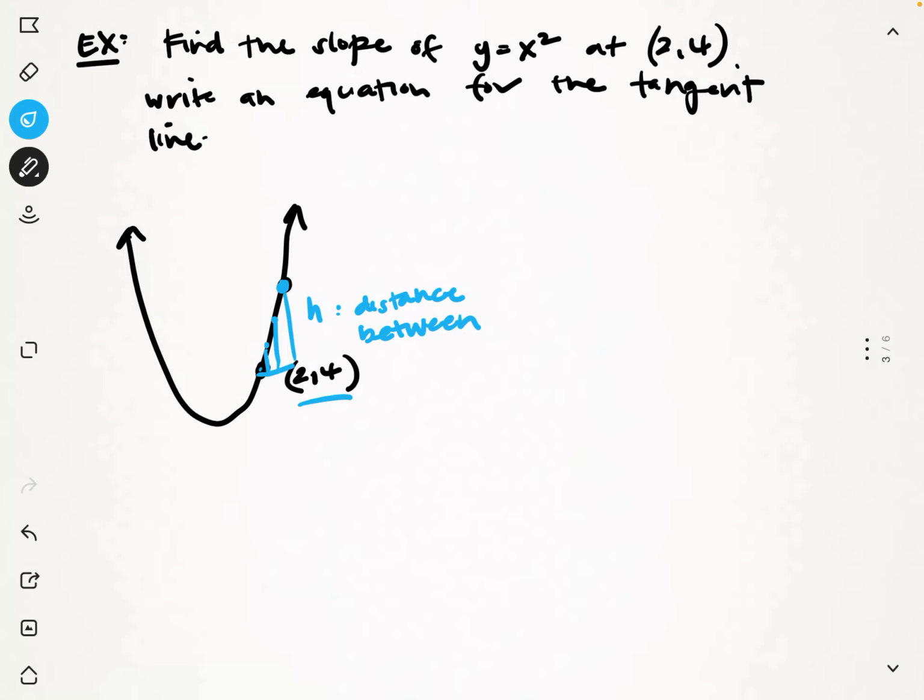Okay, so let's do that. Let's do limit as h approaches 0. Let's write the whole thing out of f of x plus h minus f of x over h. Right, so this is just another version of change in y over change in x, which is the slope, or rise over run.